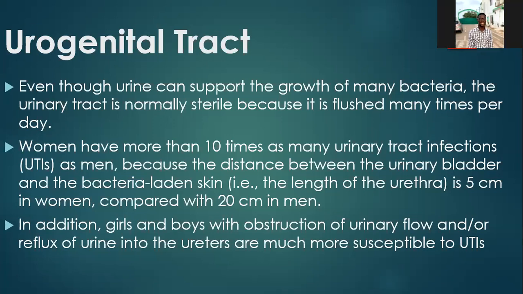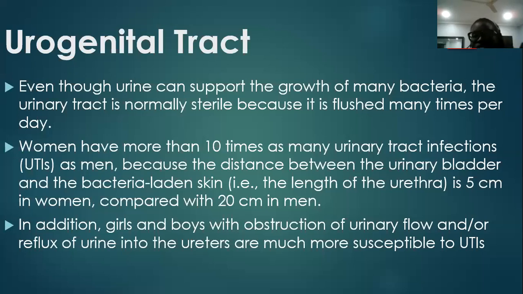All right. So the urogenital tract. We've looked at the skin, and we've seen that when it is dry, has a low pH, and is intact, it serves as a barrier.